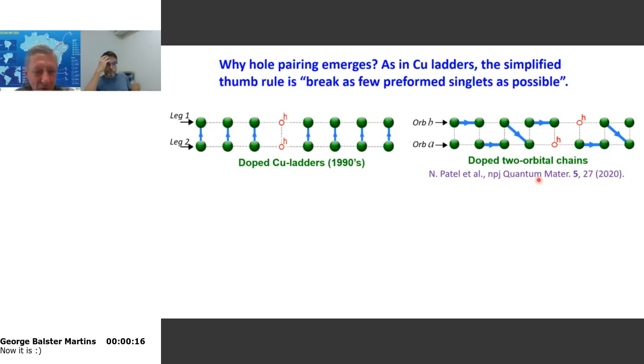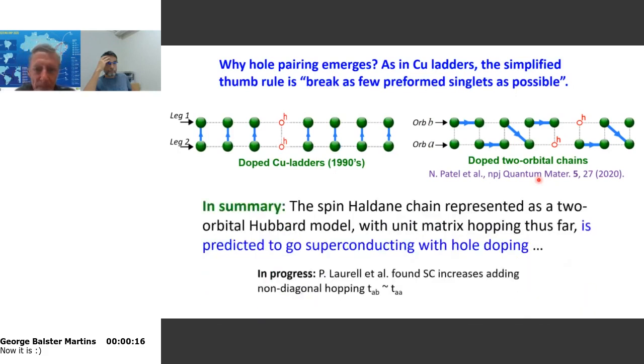Experimentally, it's going to be difficult because you need two orbitals that are degenerate, and these crystals have the tendency to always deform, create a lattice distortion, and break the degeneracy. So I'm told that this will be difficult to create experimentally, but anyway, that's the prediction.